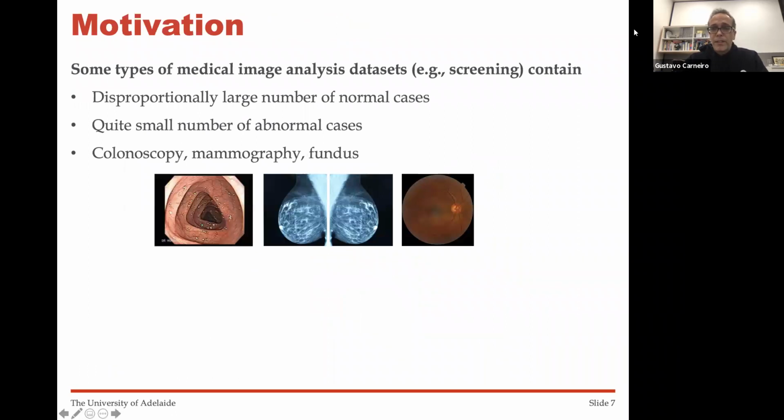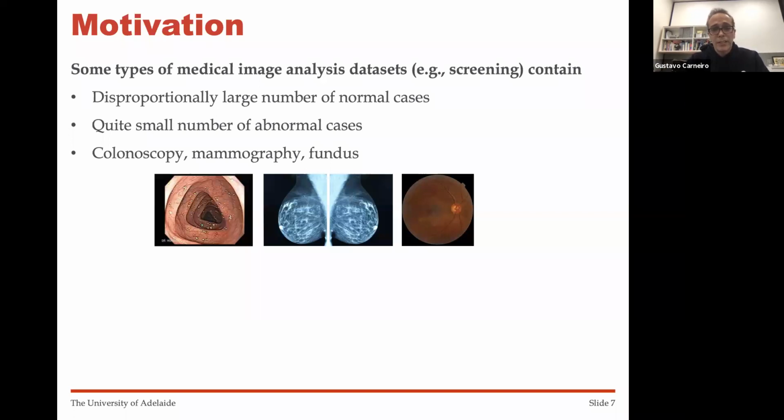The motivation is very clear, particularly for medical image analysis. In some data sets, particularly in screening problems, the data sets will contain a disproportionately large number of normal cases. A screening problem is where you are trying to scan the whole population with the goal of detecting particular diseases, and in general, you're trying to detect cancer.